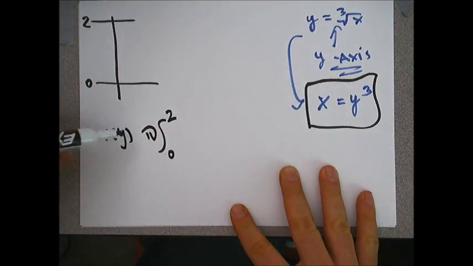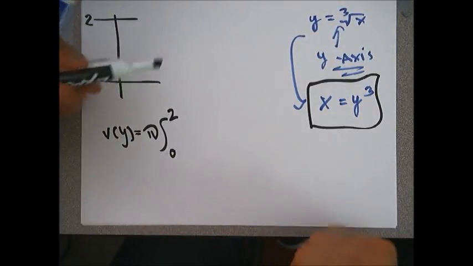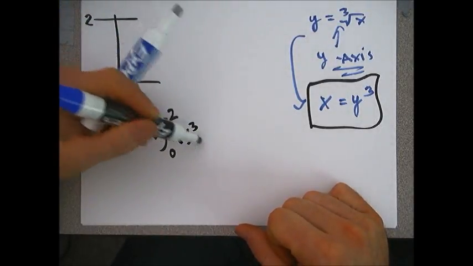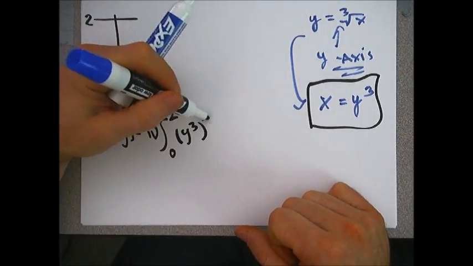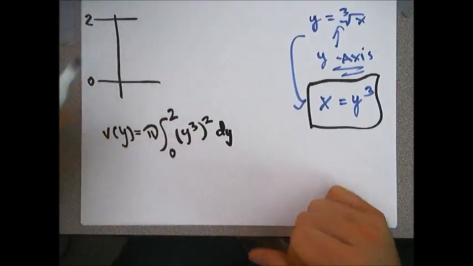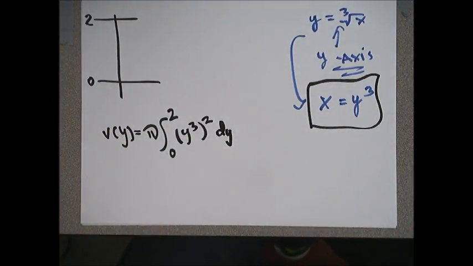The volume with respect to y, or in terms of y here, y to the third. What do we do with our function? We square it, good, and then it's with respect to y. Okay, so now we just do the math. Y to the third squared gives me y to the sixth.